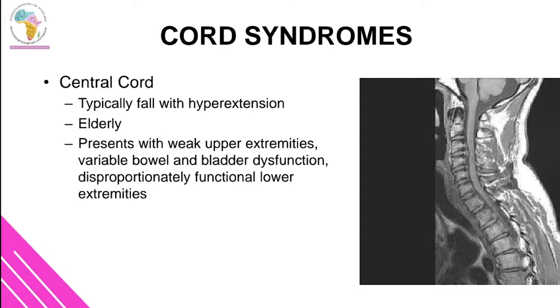It's one of the most common incomplete syndromes of the spinal cord. It's mostly common in elderly patients, and it's mostly due to patients having spondylosis or stenosis. It is rarely due to fractures.